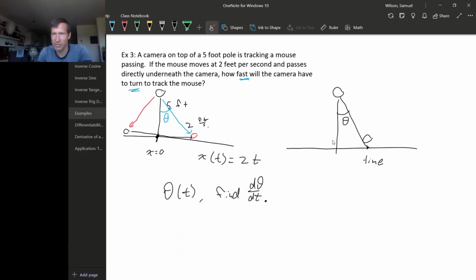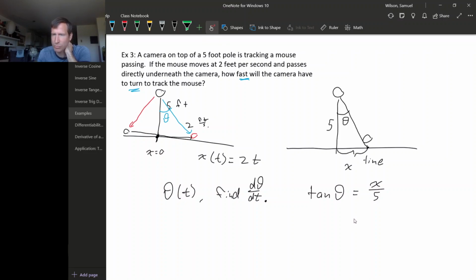We have an angle theta here, and this distance here, that's x, and this distance, that's 5. So it looks like the tangent of theta is x over 5.